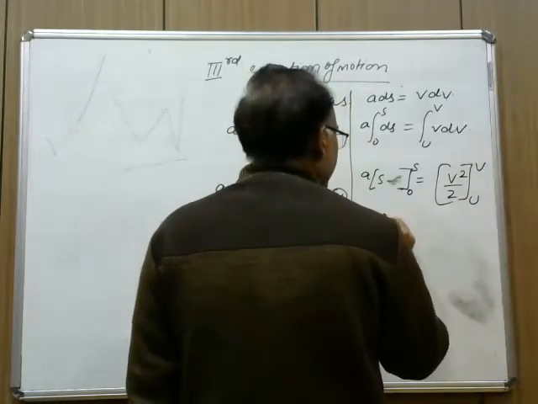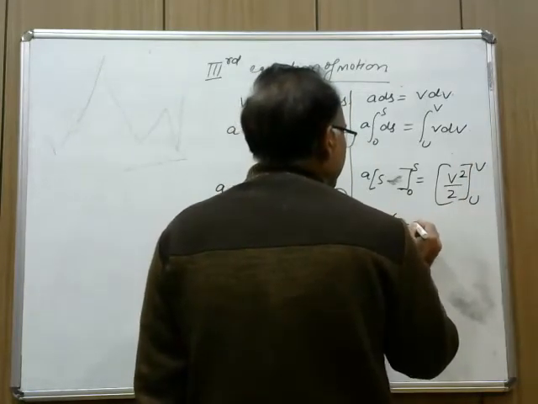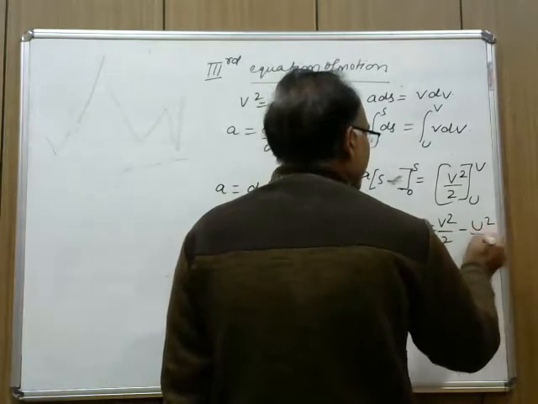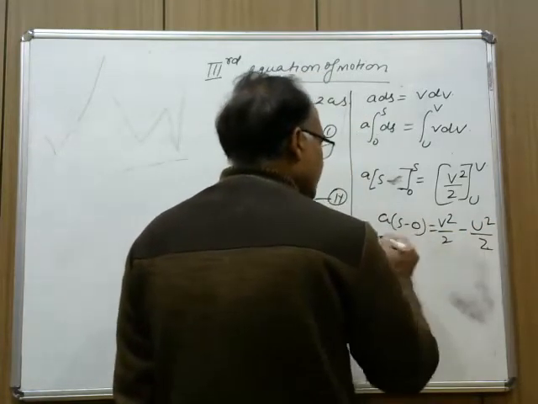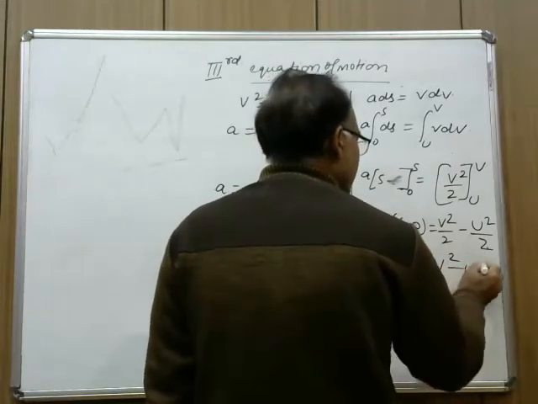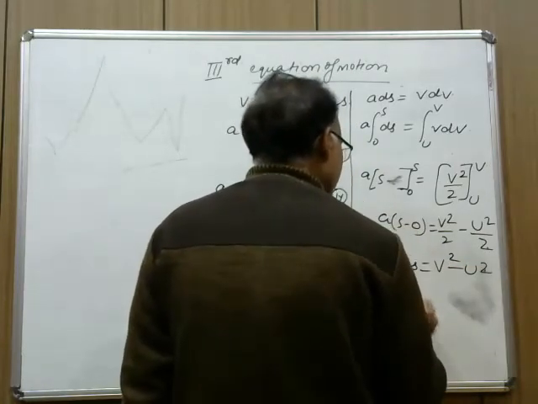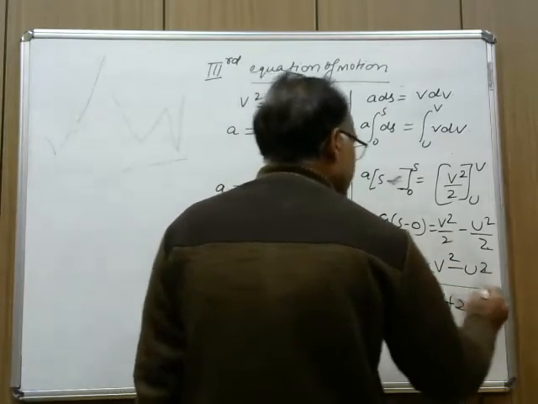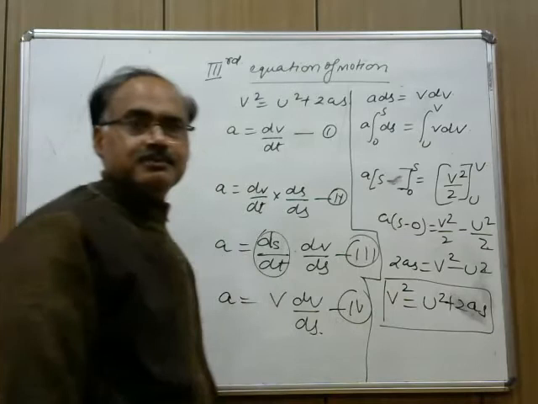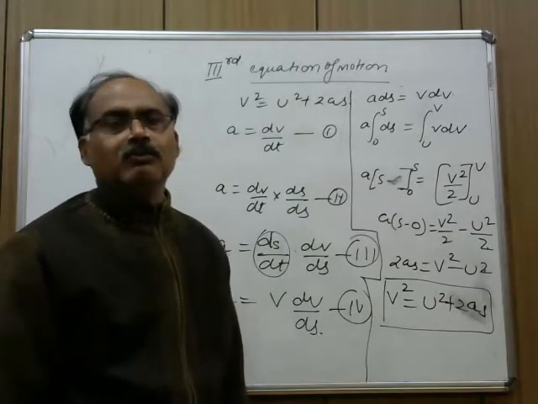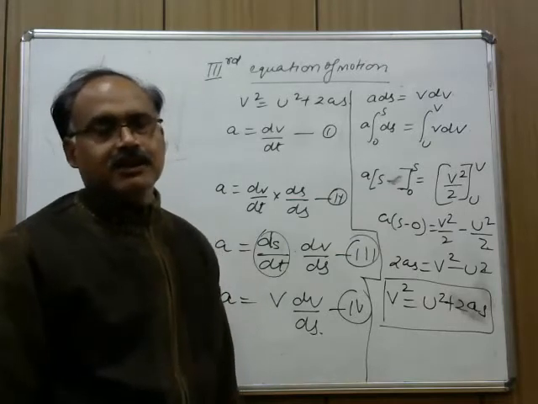We can write a s minus 0 is equal to v square by 2 minus u square by 2. Now cross multiply this. This becomes 2as is equal to v square minus u square, or v square is equal to u square plus 2as. This is third equation of motion. So we have obtained third equation of motion by integral method.